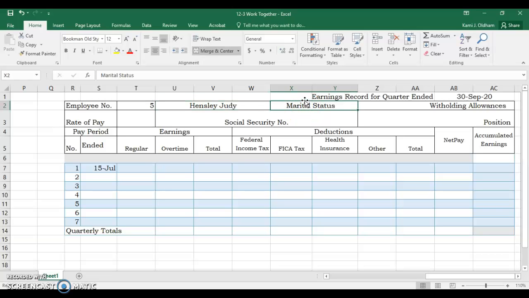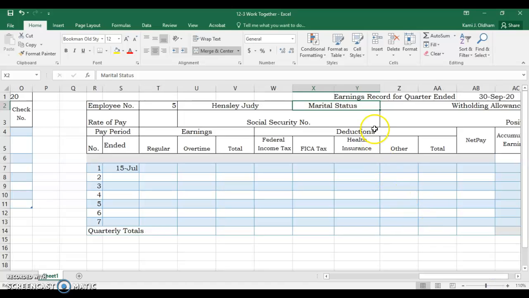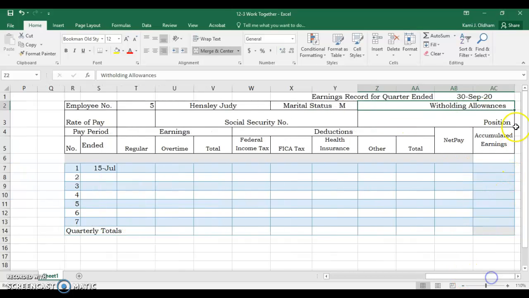Her marital status is, well, we can get that from over here on this one. So her marital status is married with 2 allowances. So over here, we're going to go marital status. She is married. Her withholding allowances are going to be 2. Her rate of pay is $13.